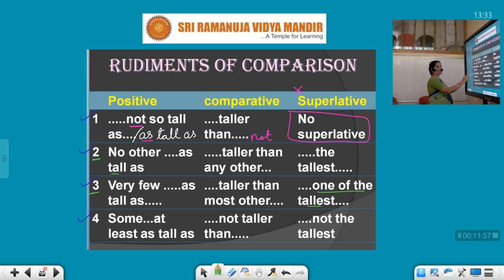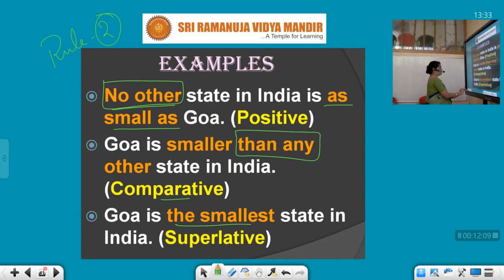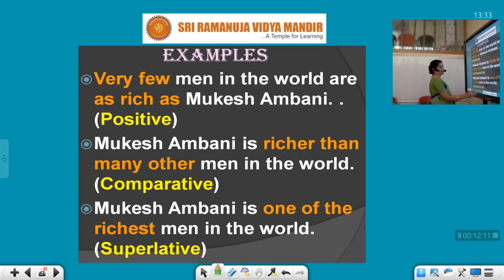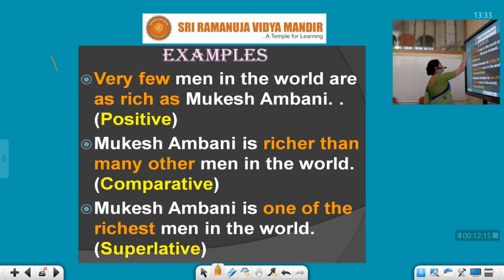So in that case, what I'm going to use is very few as tall as, taller than most other, and one of the. So let us look into the example, students, in your rule 3. We'll see what the examples are in rule 3.